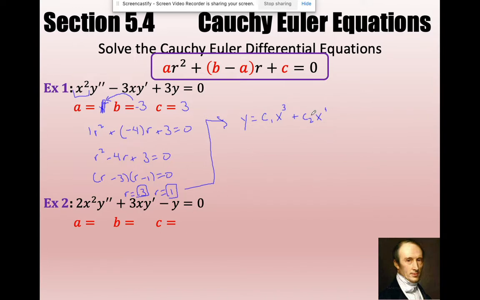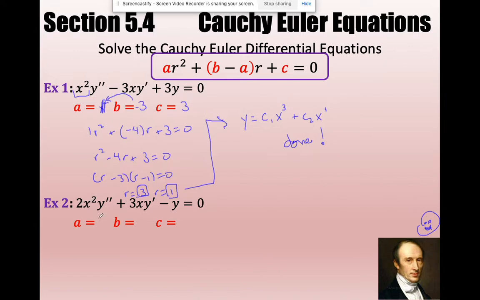So I have a finite power series, if you will, without constructing the power series. Sweet. Done and done. Thanks, Cauchy. And Euler. Let's try another one.